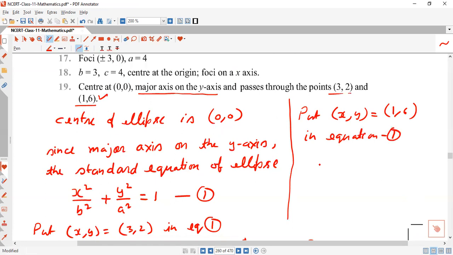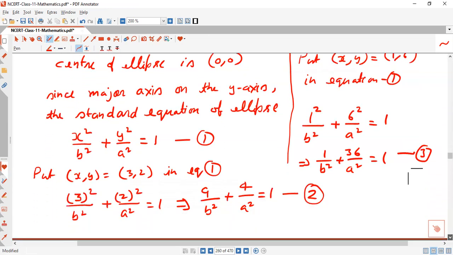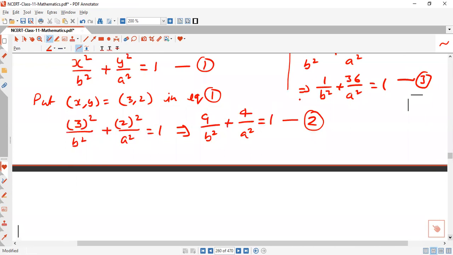So we are getting the x value, 1 square upon b square plus 6 square upon a square equal to 1. Implies 1 upon b square plus 36 upon a square equal to 1. Say this equation number 3. Now we want to solve equations number 2 and 3 to get the values of a and b.